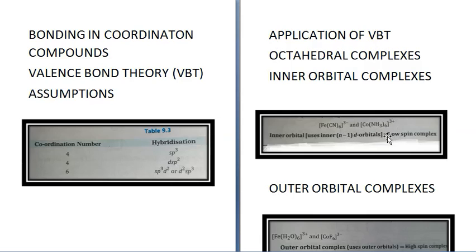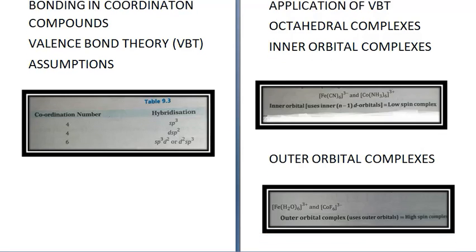Now inner orbital, it uses n-1 d orbitals, and that is why it is low spin complex. Now next is the outer orbital complex. Now outer orbital complex is formed by the use of outer d orbitals for hybridization, that is sp3d2.